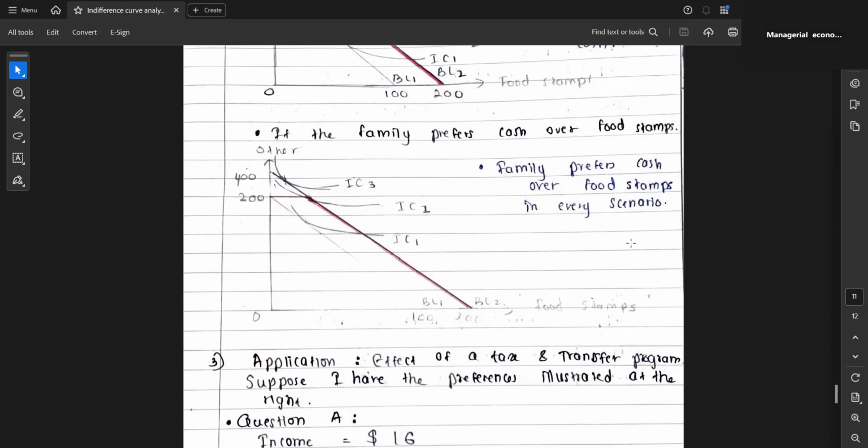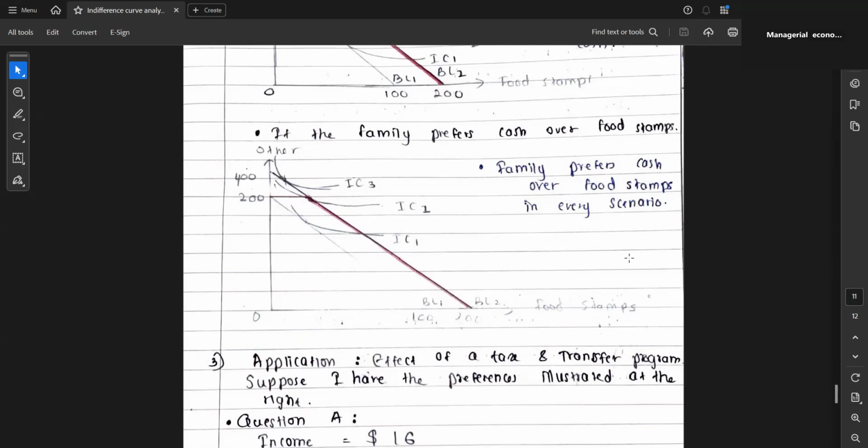In the same way as the first scenario, we have BL1 and indifference curve 1. Then in the second scenario, the amount of other goods you can purchase is still limited to 200. This is the red line. But the food stamps have increased.